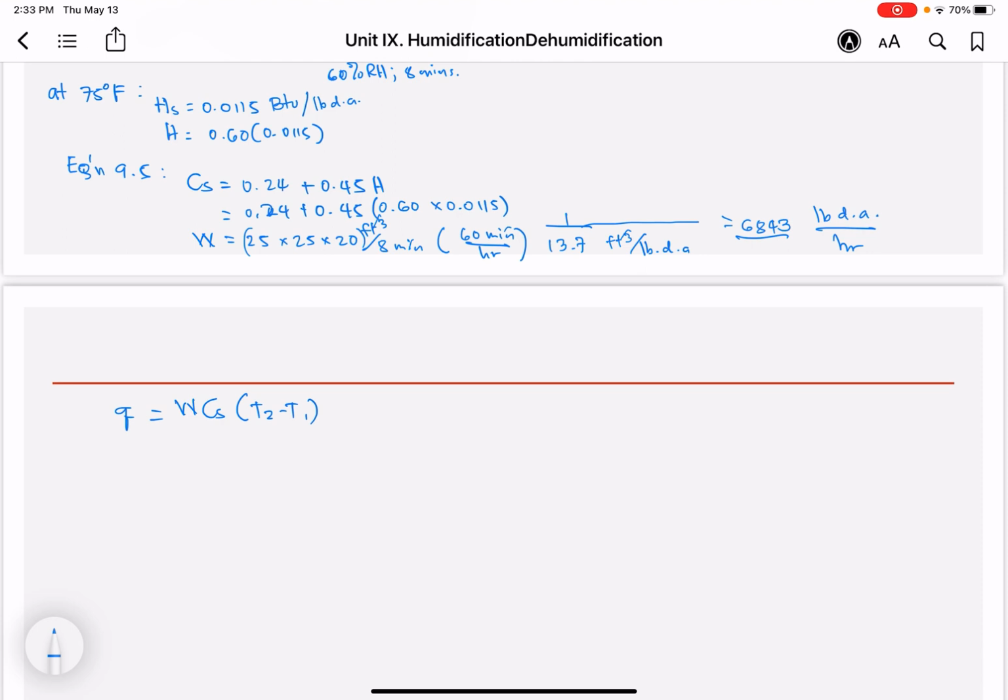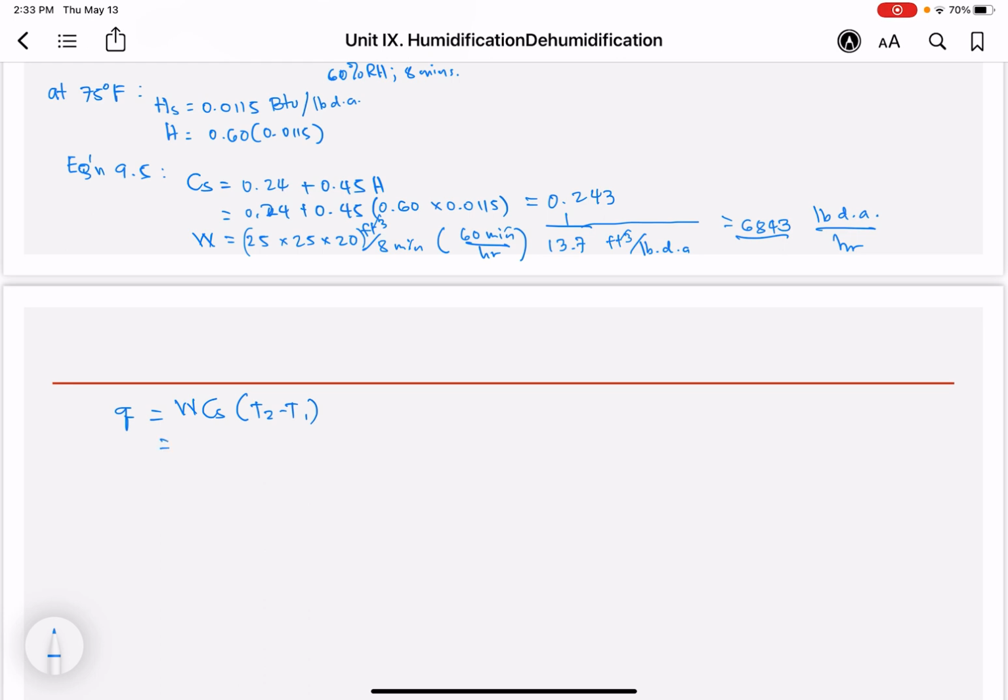We get first the H there, so it's 0.60. The amount of your CS is 0.60 times 0.0115 times 0.45 plus 0.24. So it's 0.243.